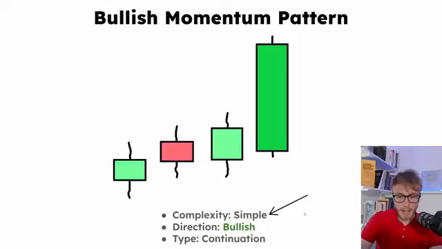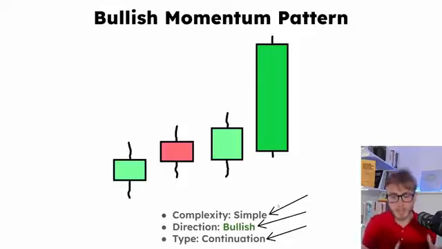And as we can hear on the name, this right here is a bullish pattern, and this right here is a continuation pattern, I would say, but you can actually also use this pattern as a reversal pattern, but most commonly I would say it's a continuation pattern, so let's classify this as a continuation.